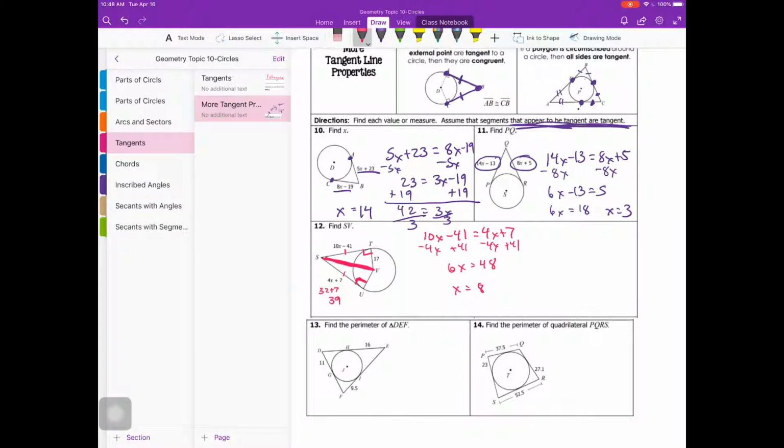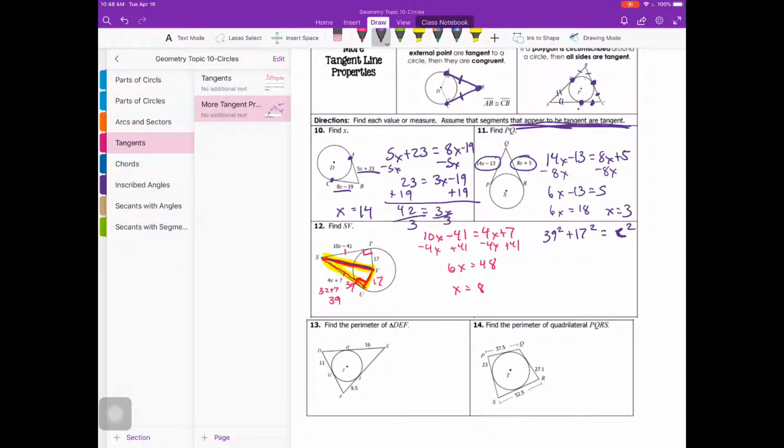So that means that one of our legs is 39 and the other is 17, because now we're just going to look at our triangle here. And it's a right triangle with a leg that's 39 and a leg that's 17. So we're going to have 39 squared plus 17 squared equals, I'm going to call this c squared right here.